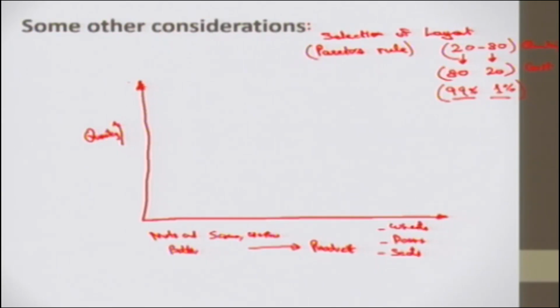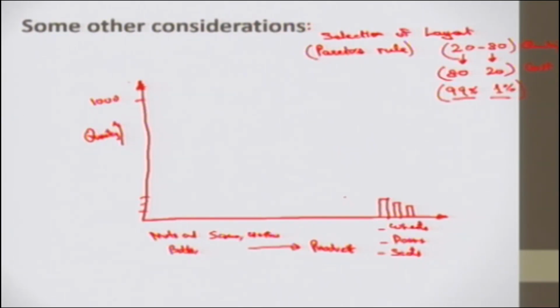So how many wheels do we have? 5. How many doors do we have? Maybe 4. How many seats do we have? 1 single back seat and 2 front seats in a simple B class car, so 3 seats. And how many nuts and bolts do we have? Maybe a few hundred. If I put 1000 here.